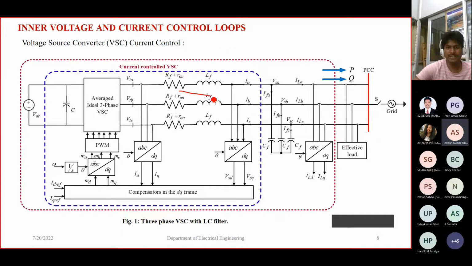Here this is the L with some resistance RF plus RN, and this is the CF, the filter capacitance. Here an average ideal three-phase voltage source converter is there, and by using ABC to DQ transformation we get the conversion. The control law I will explain in the next slides. The input of the inverter is the DC supply which comes from the renewable energy sources.